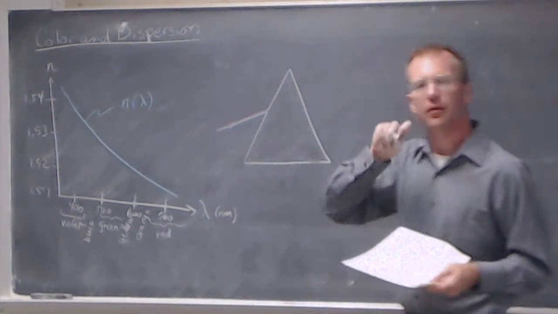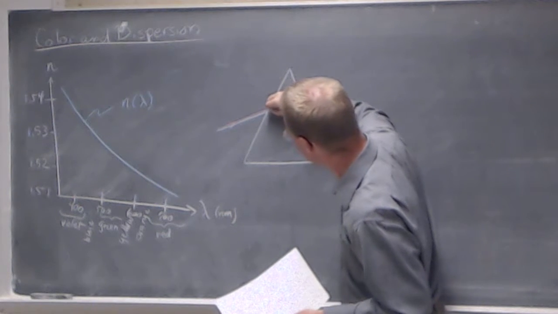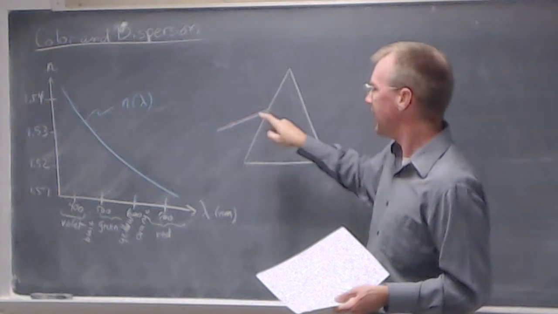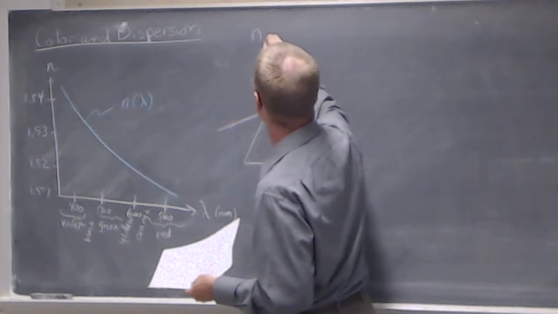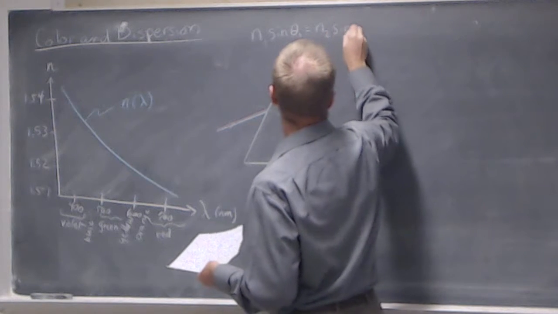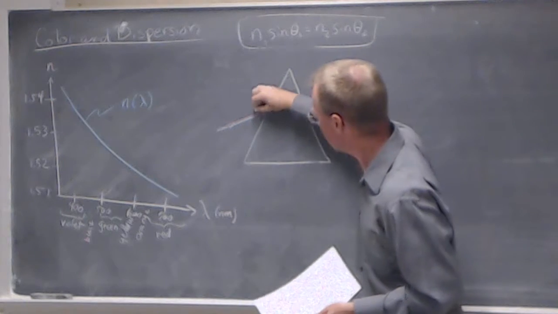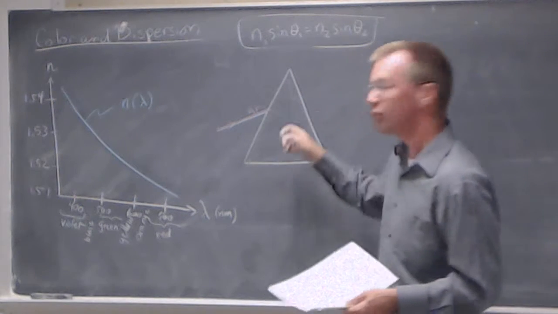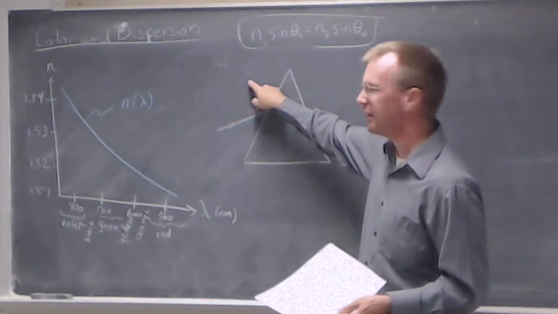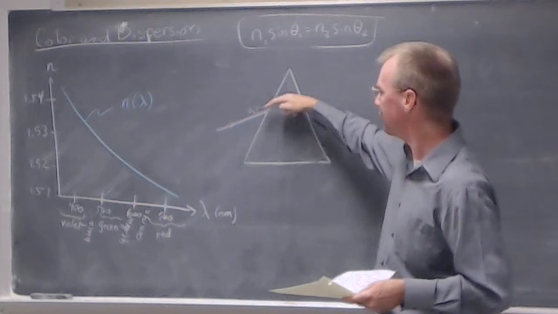Now, Snell's law. We measure the angle of incidence away from the normal line. Now, n1 sine theta 1 equals n2 sine theta 2. Snell's law in action. There's theta 1. So what's theta 2 going to be? Well, if you've got something like 1 for air out here and something close to 1.5 in glass on the inside, that means it's going to bend towards the normal.